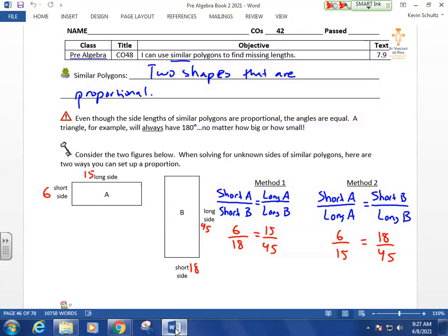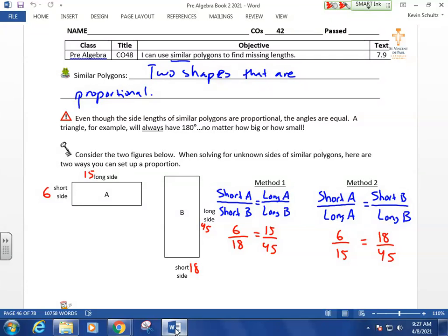Okay. Now the reason why I'm showing you two different methods here is I want you to notice something. If you haven't picked up on it yet in this unit, it's very important to pay attention to how you set these up because location matters.